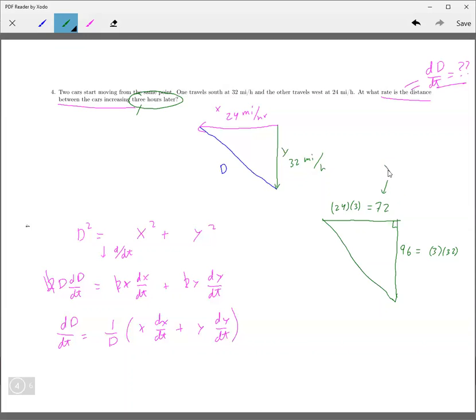Okay, so we'll take x to be 72, or you could take it to be negative 72. That's fine too. And then we'll take y to be 96, or you could take it to be negative 96 because it's negative, but it's easier just to put the positive number in. So this is 72 and that's 96.